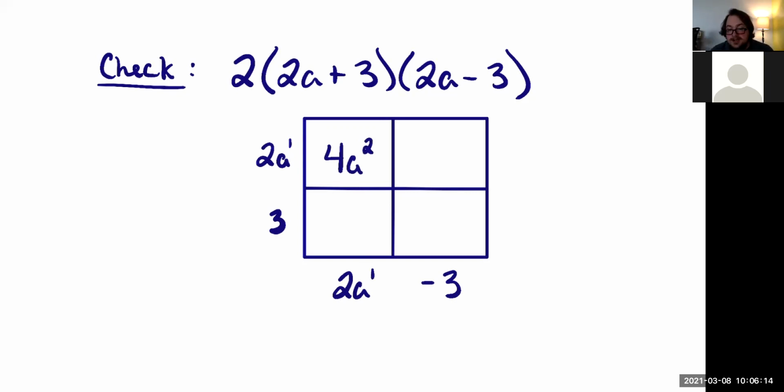Going to the right, 2a times negative 3, negative 6a. Going down to the second row, 3 times 2a, positive 6a, and 3 times negative 3, negative 9.